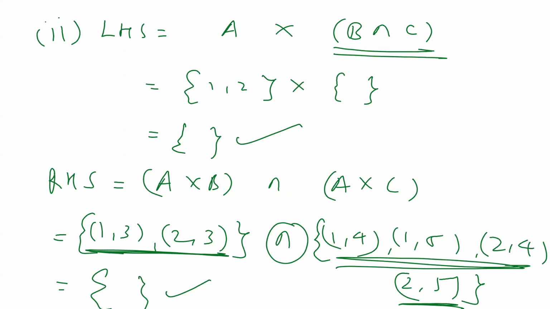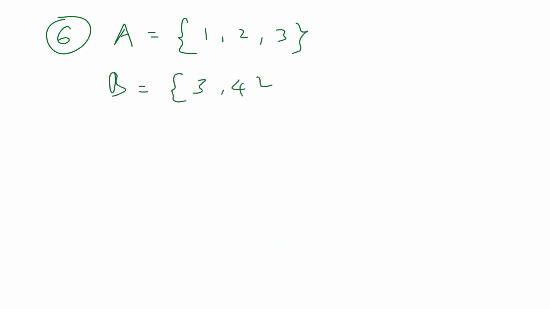Okay. Let's go to question number 6 and solve it further. A is equal to {1, 2, 3}, B is equal to {3, 4}, and C is equal to {4, 5, 6}.